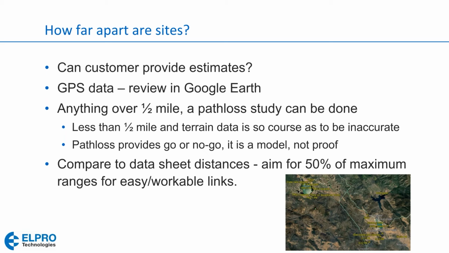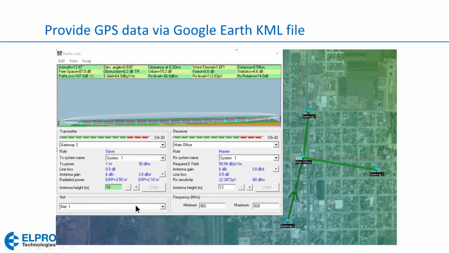If we try to get the maximum range out of all of our radios, we're going to have some pretty tall towers. And if that means the antenna has to be mounted 120 feet above ground, that may not be practical. The customer might say, that's simply too expensive for me to build a tower that tall. So that's why we say, aim for 50% of the maximum range for easy workable links.